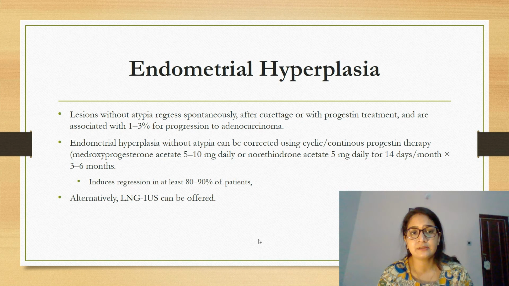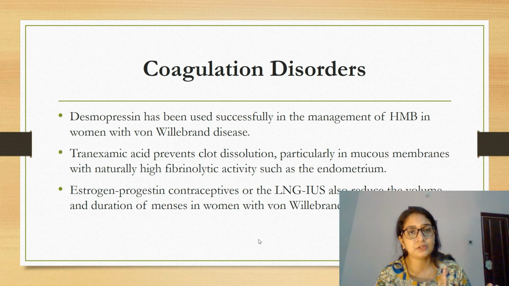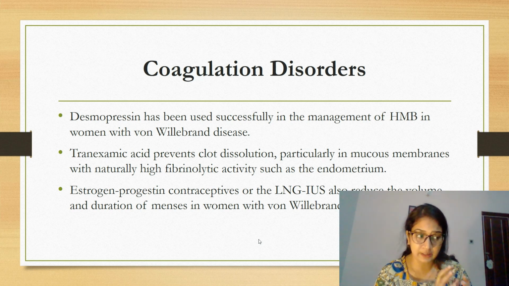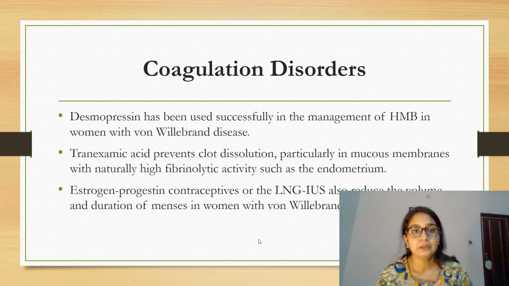And if there is atypia, it's a little bit of a tricky thing. There, if a woman is far from her menopause, in her reproductive age group, you can definitely try LNG-IUS. It's a better option, and studies have shown that LNG-IUS is better than the oral contraceptive pill because it has a local action which helps in regression of the atypia.